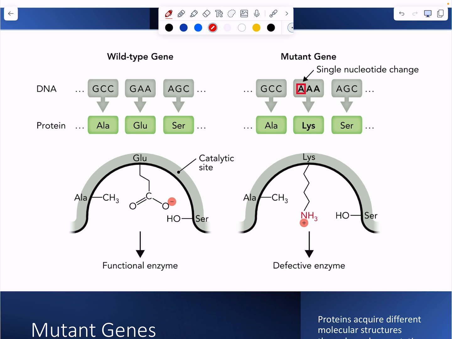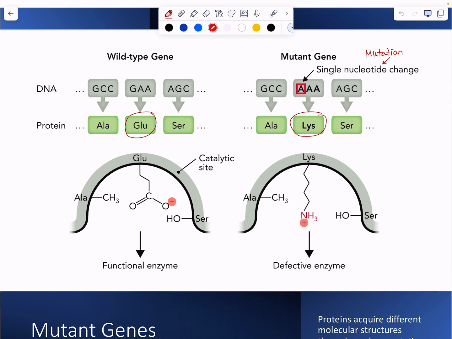When I talk about mutation, it's when you get one or more nucleotides in the DNA that change. And in the case shown on the slide, it changes the nature of the amino acid.